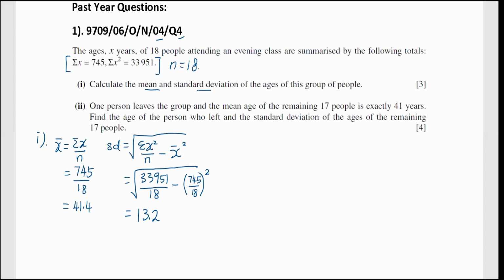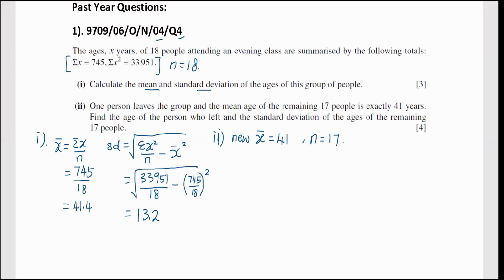Okay, now we are looking at part 2. One person leaves the group and the mean age of the remaining 17 people is exactly 41 years. The information given here, let's say I put it as new mean, new x bar equals 41 years, and because there are only 17 people left, n is now 17.